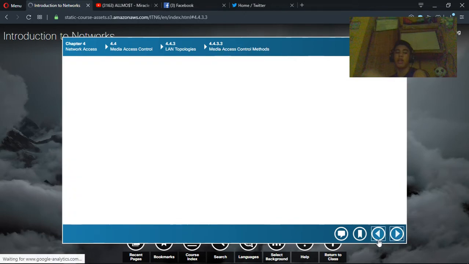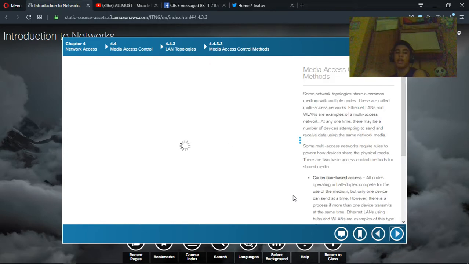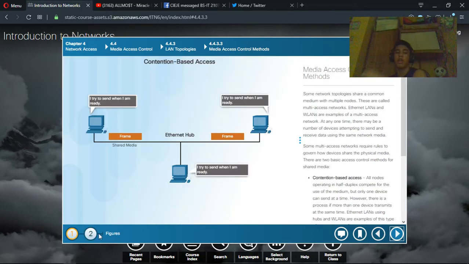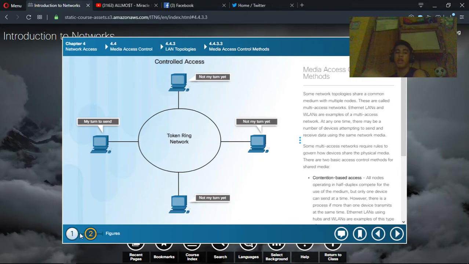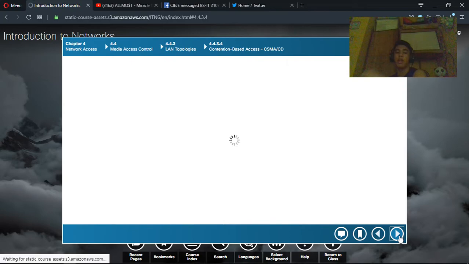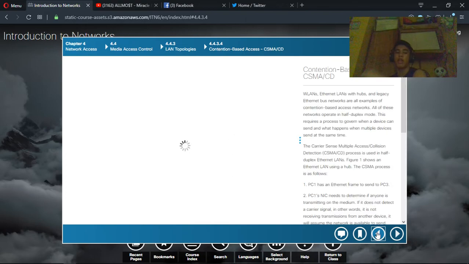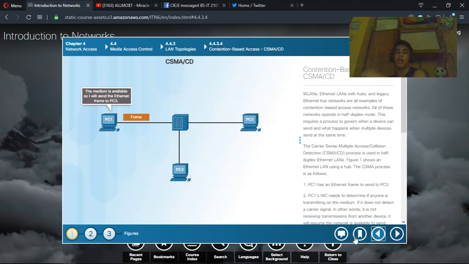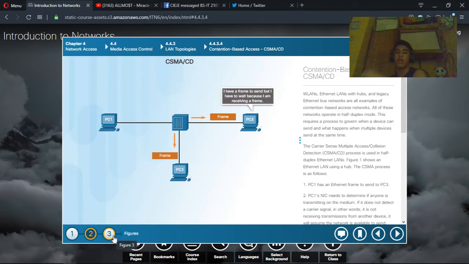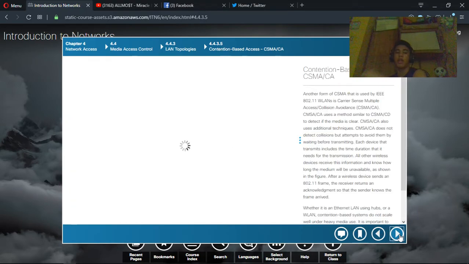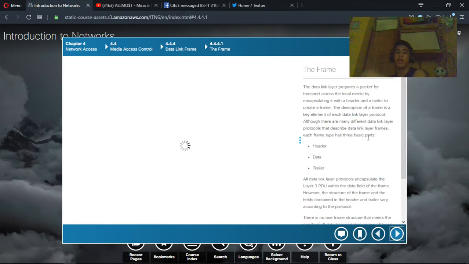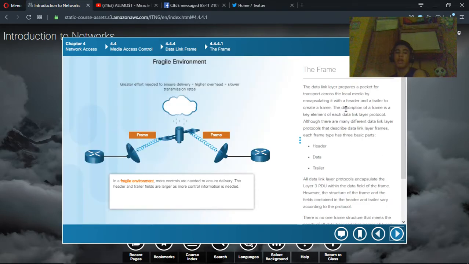Next, media access control. The frame always has a header, data, and trailer.